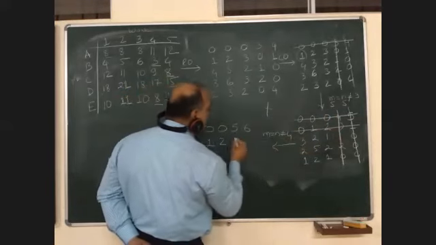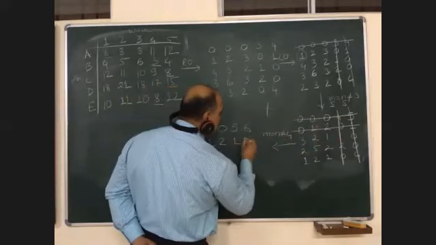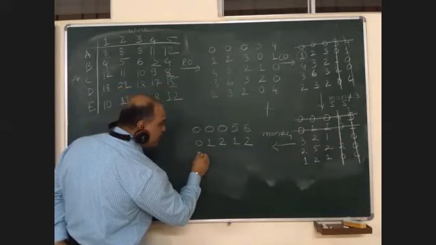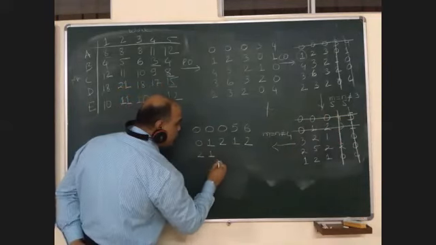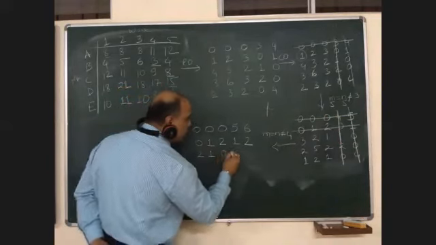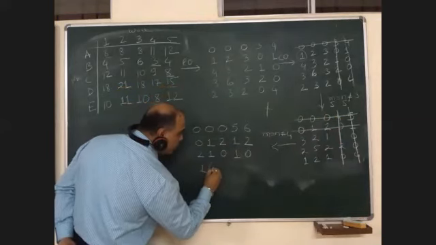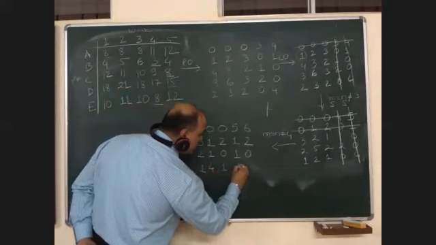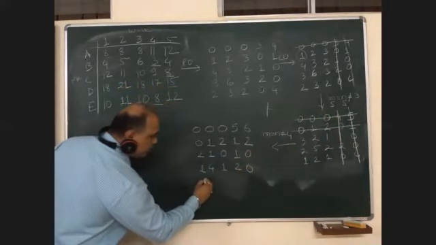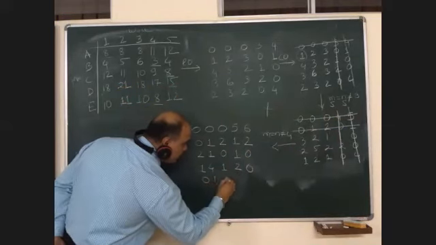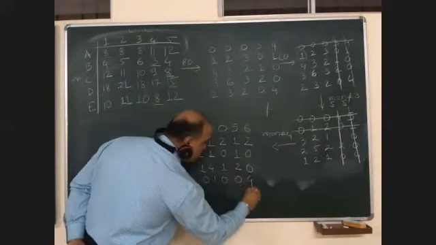Again crossing. 1 plus 0 is 1. 1 plus 1 is 2. Open number, subtract. 3 minus 1, 2. 2 minus 1, 1. 1 minus 1, 0, 1, 0. 1, 4, 1, 2, 0. 0, 1, 0, 0, 4.